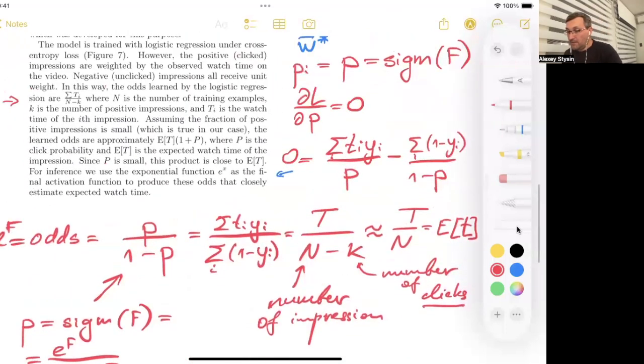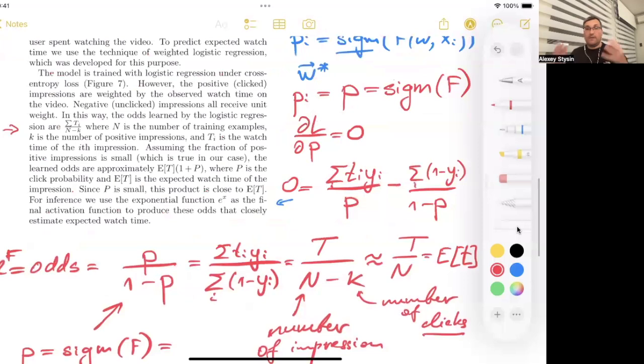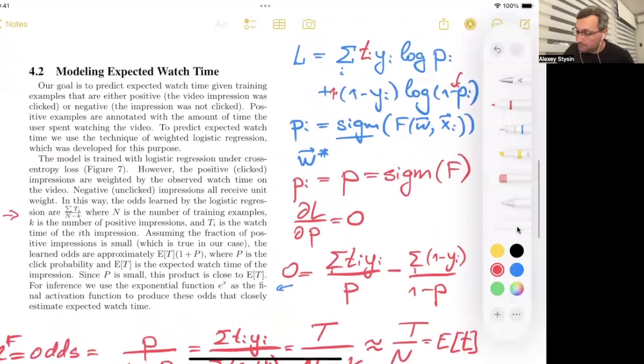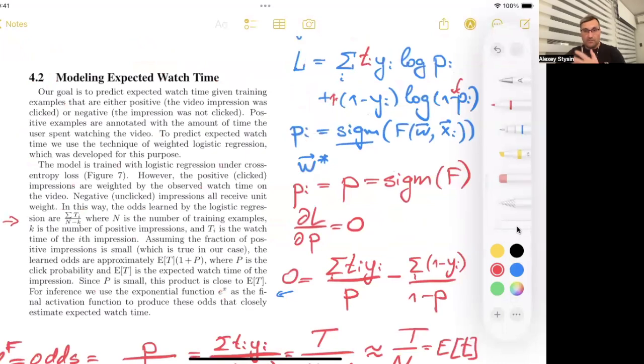So going back to the top, to summarize what happened here, they used logistic regression with weight to train a model using pretty standard binary classification logistic loss, or negative log likelihood for logistic regression, the same thing as the cross entropy.